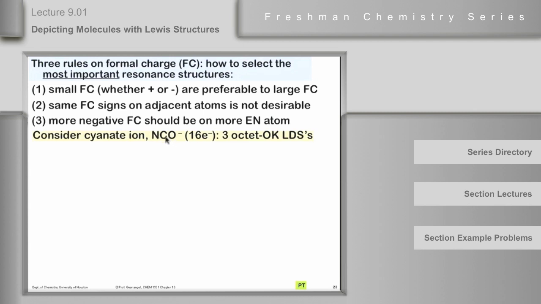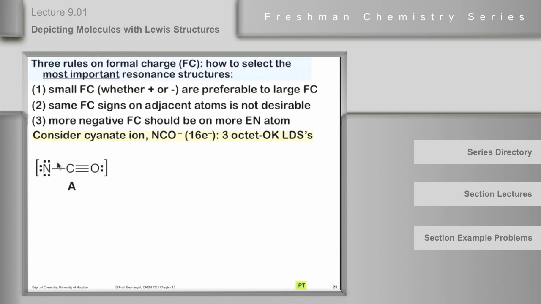NCO, the cyanate ion, has actually 3 different Lewis dot structures that you can write for it, which have good octets. They are octet okay. One of them has a triple bond between the carbon and oxygen and a single bond between the carbon and nitrogen.